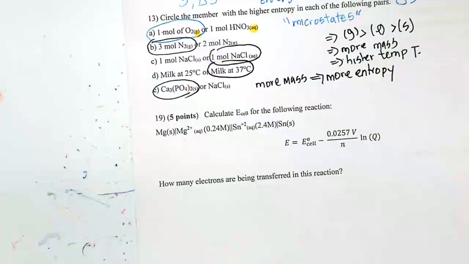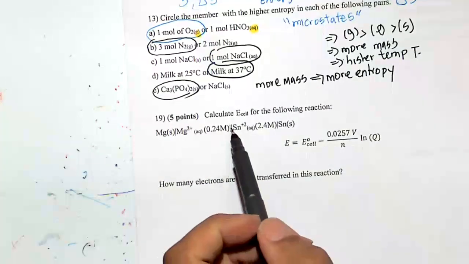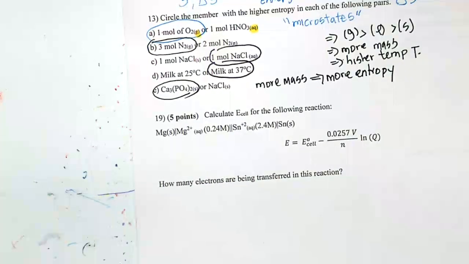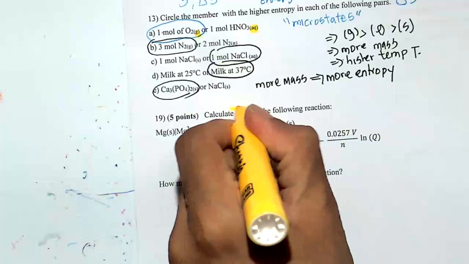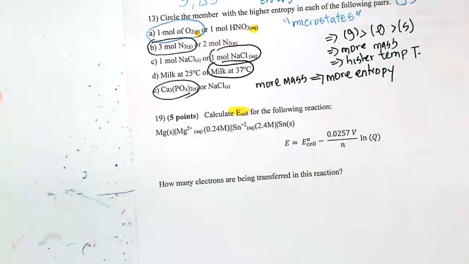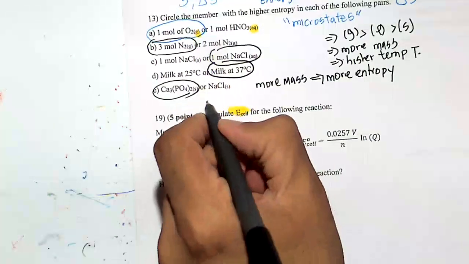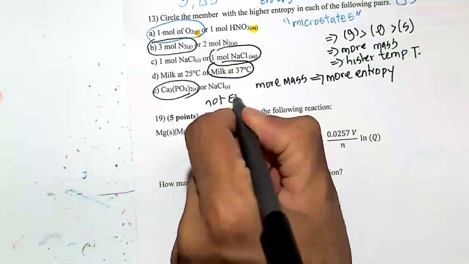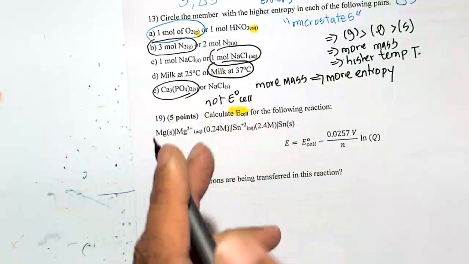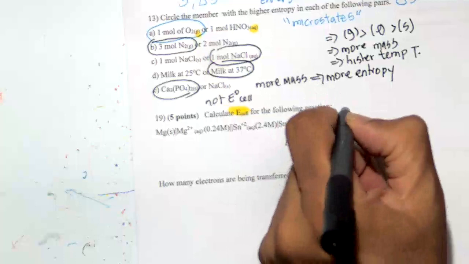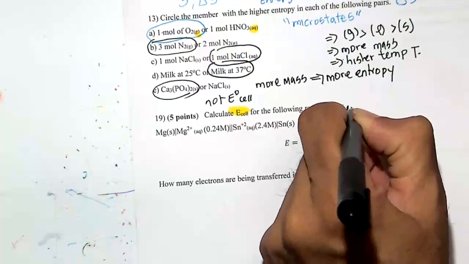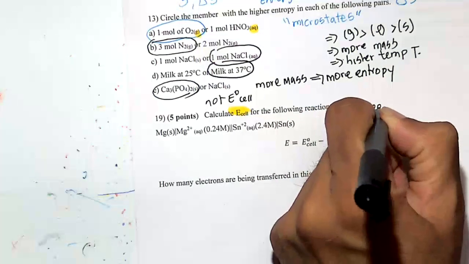All right, let's do our final set of problems here. Calculate E cell for the following reaction. Notice it's E cell and not E standard state. So if it's non-standard state, we're going to use the Nernst equation, which is given here.